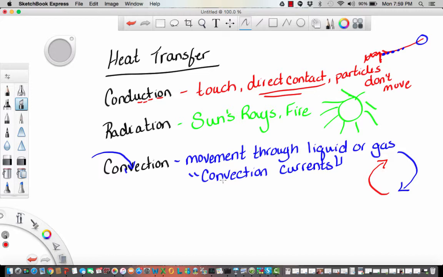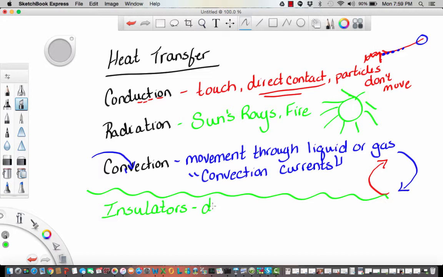The last thing you need to know for your quiz is insulation and conduction. So I'm just going to draw a line right here. Insulators do not let heat or electricity transfer. They don't allow heat to pass through.